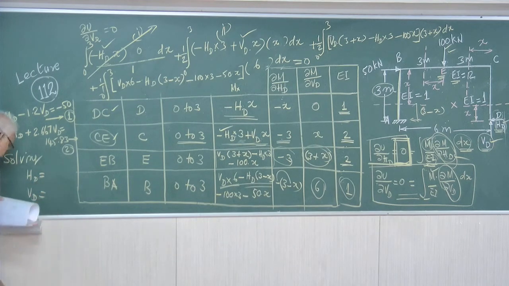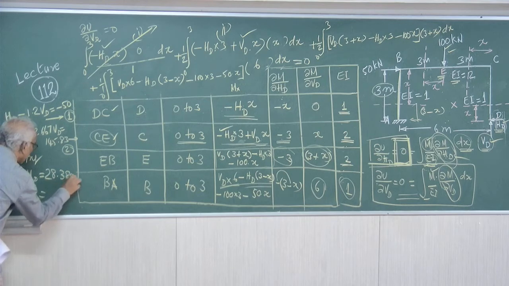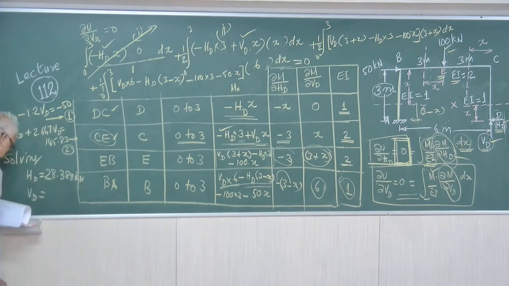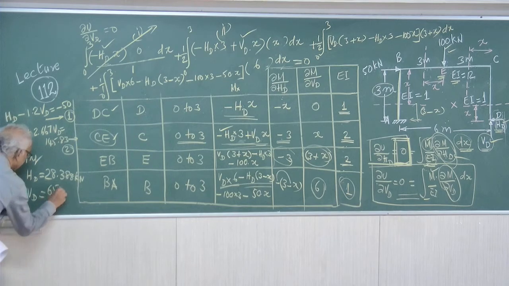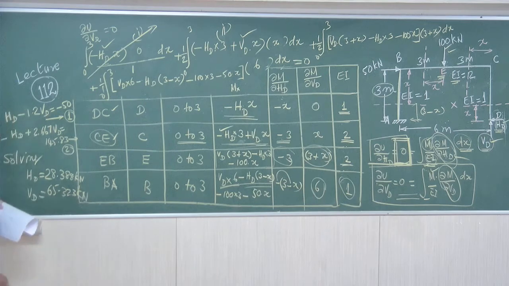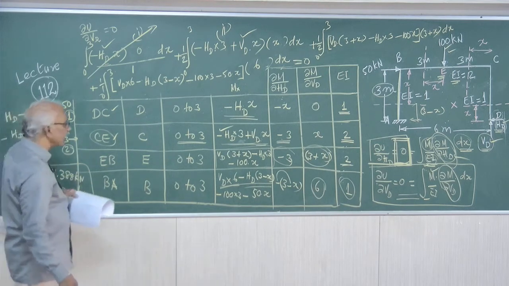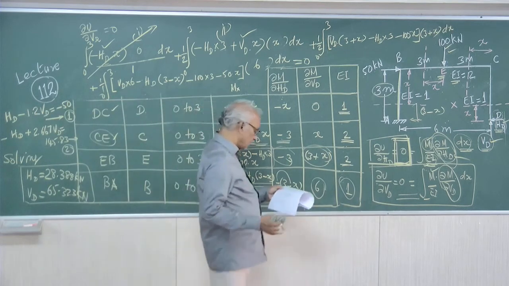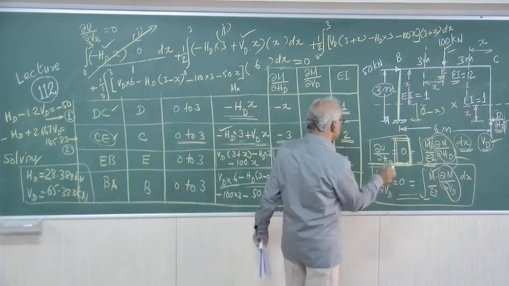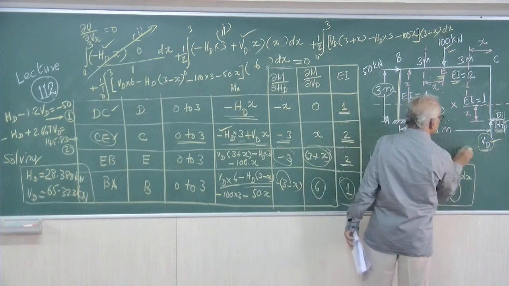So, HD equal to 28.388 kilonewton, and VD equal to 65.323 kilonewton. So, these are the redundants. This is how we have to find out the redundants, right. So, after getting the redundants, you have to get the force in various members.